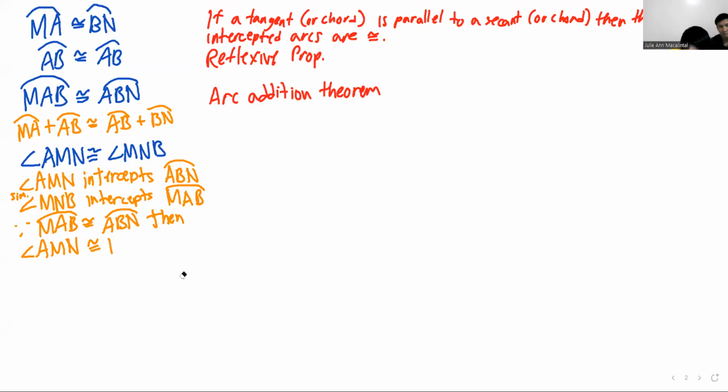It just has to intercept a congruent arc. They're intercepting congruent arcs. Or you can just put: inscribed angles intercepting congruent arcs are congruent.